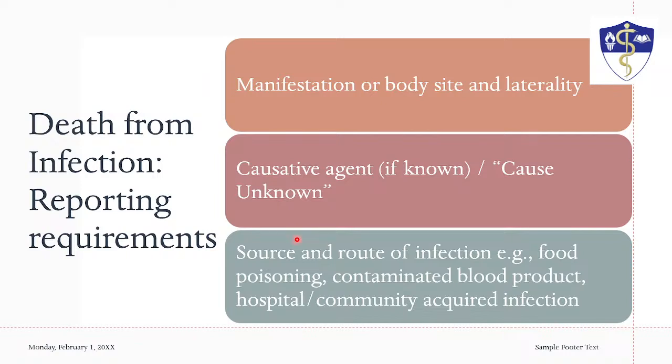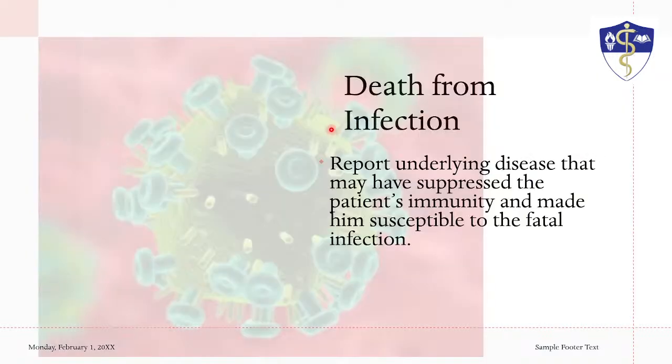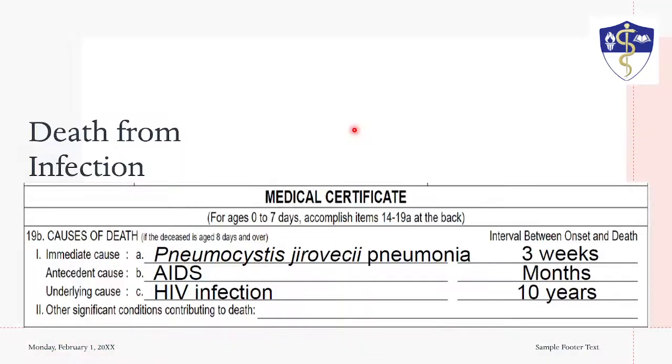That's acceptable. Source and route of infection: food poisoning, contaminated blood product, hospital or community acquired infection. You can write that down on a single line. Next, report the underlying disease that may have suppressed the patient's immunity and made him susceptible to the fatal infection. We're going to go to the examples.